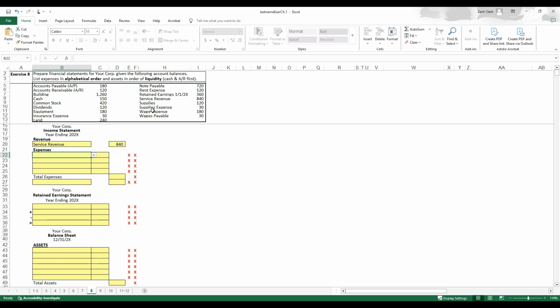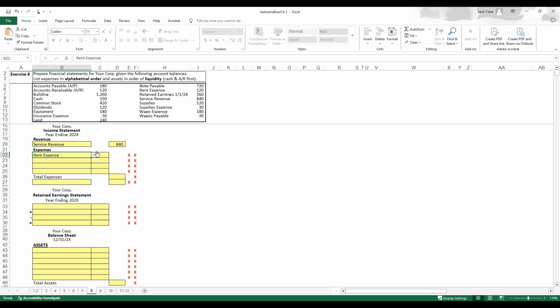And then when it comes to expenses, we want to go through the list and make sure that we grab all of the expenses out of here. So for example, insurance expense. And I believe on this one, you want to go down the list. I believe, let me confirm this, that if you pick rent expense, you'll get the red X back.